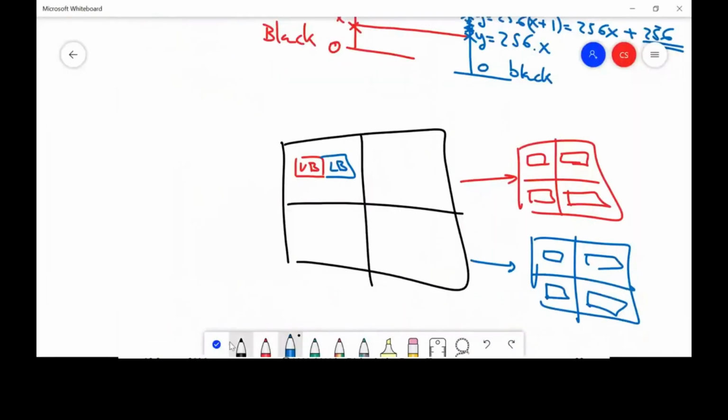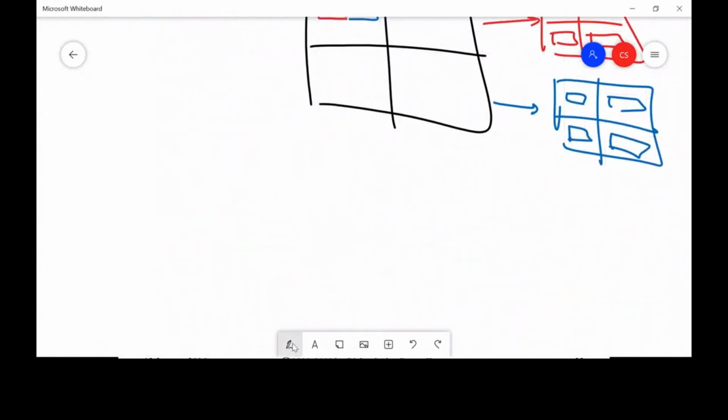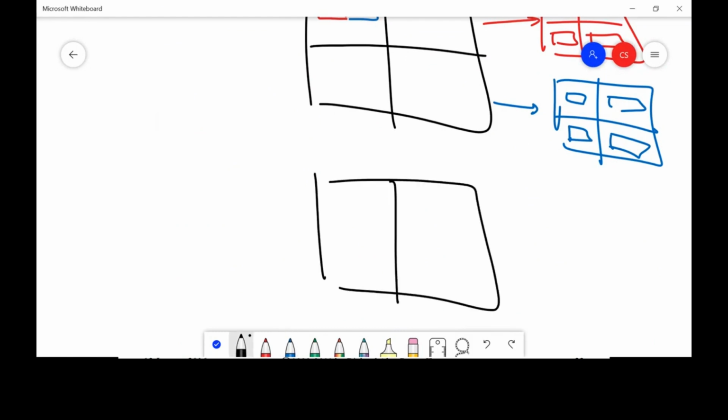So we have your image. At this location, we have let's say 8 bits.